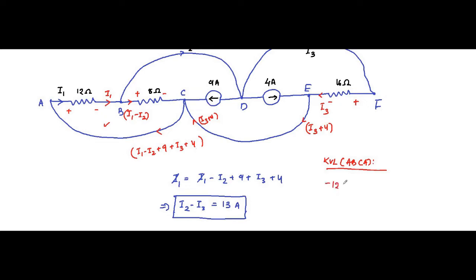The KVL equation in loop A, B, C, A is minus 12I1 minus 8 into I1 minus I2 is equal to 0.